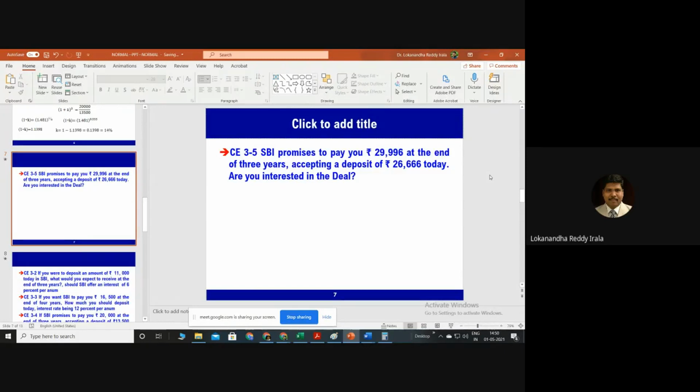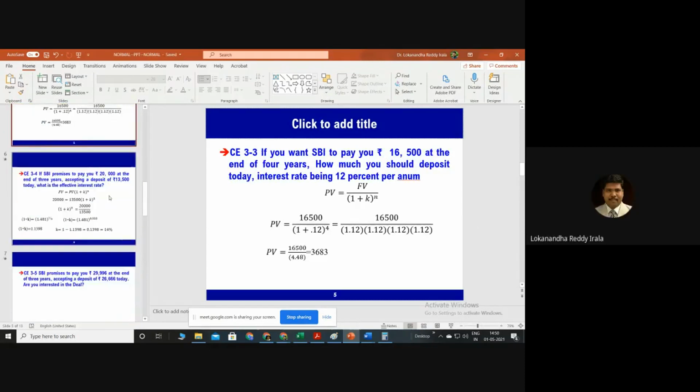Are you interested in the deal? We can use the same formula and find out the rate of interest.